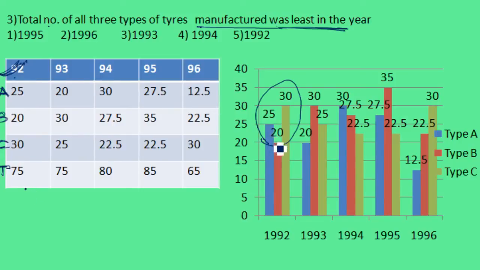In 1992 type A was 25 lakh, type B was 20 lakh, and type C was 30 lakh, and in total it was 75 lakhs. Likewise, in 1993 it is 75 lakhs, in 94 it is 80 lakhs, in 95 it is 85 lakhs, and in 96 it is 65 lakhs. So obviously our answer is 96.